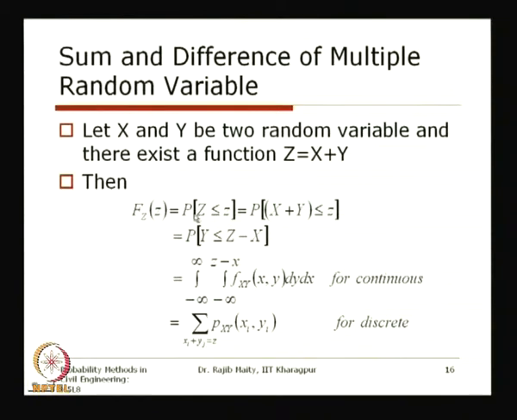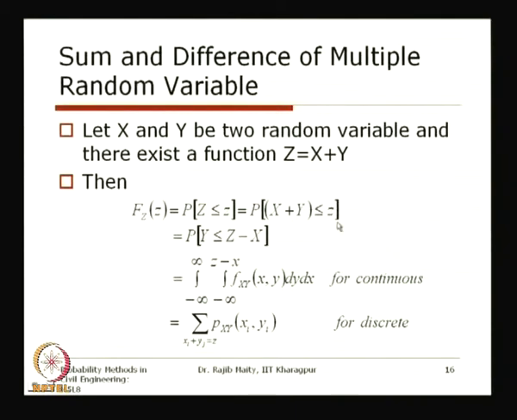Now, Z equals X plus Y, so this means the probability that X plus Y is less than or equal to the specific value. Remember, as we said earlier, lowercase letters are the specific values of the random variable and uppercase letters are the random variable itself.